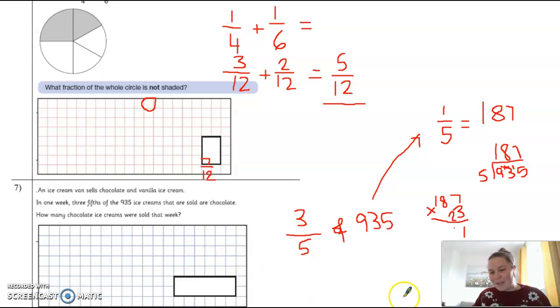Sorry, I completely messed that up there. 8 times 3 is 24. Add 2 is 26. Sorry, I've got half-term brain. 1 times 3 is 3. Add 2 is 5. So your answer is 561. Really, really well done if you got that answer.